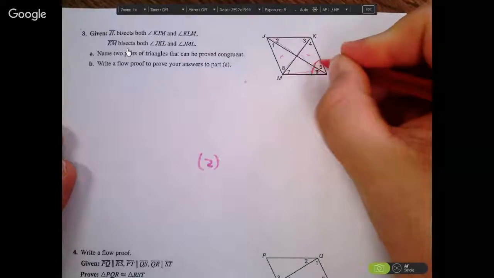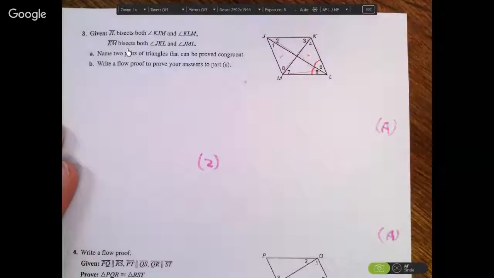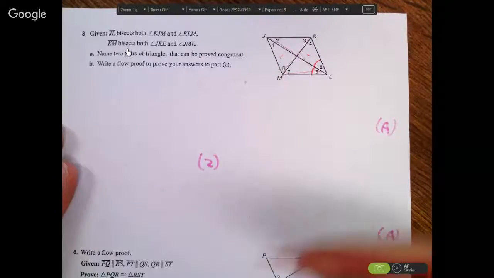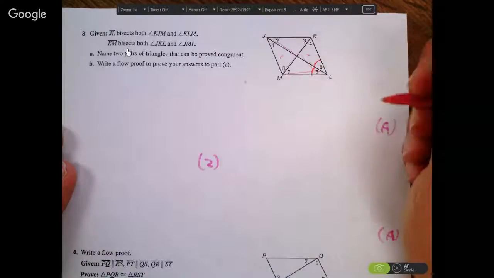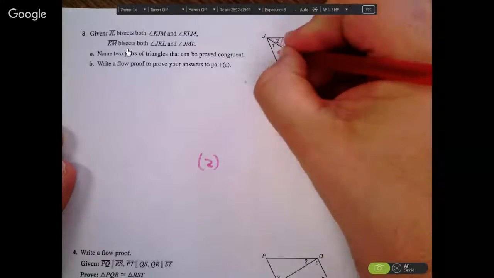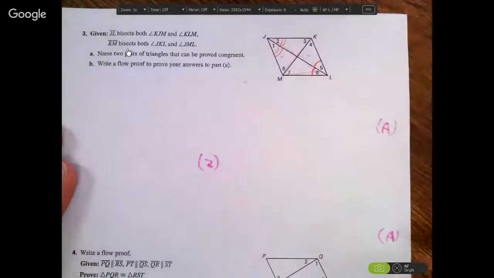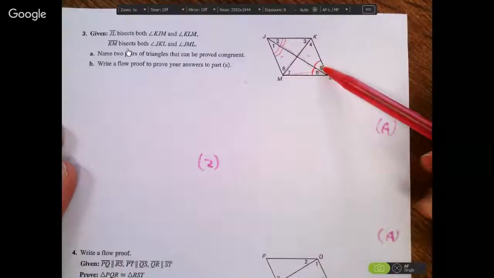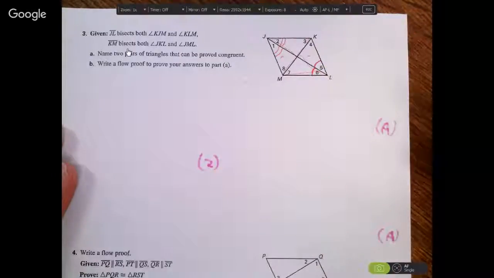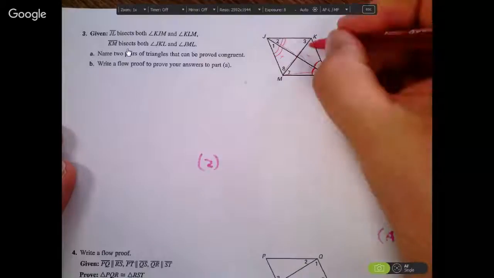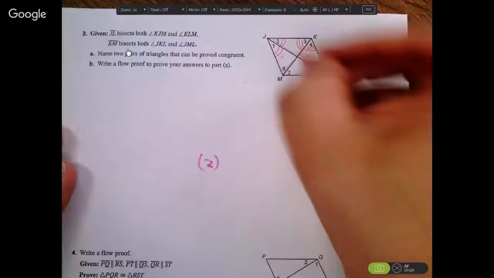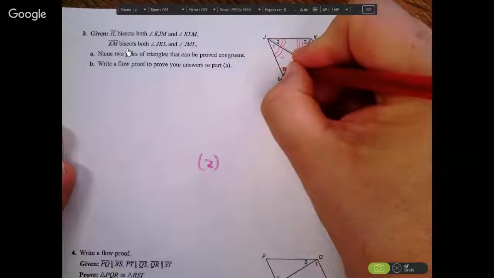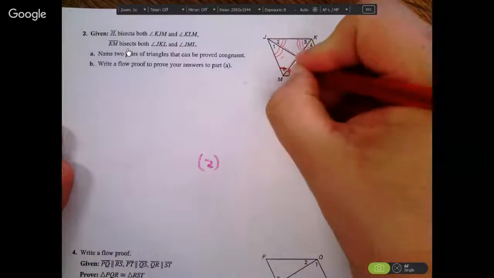They're congruent. If you cut something in half, then those two halves are equal. But it doesn't necessarily mean that this is the same as this across from it. Right. Okay, and KM bisects. So I got to do 3 here. And then this, I'm just going to make it bolder, is congruent to that.